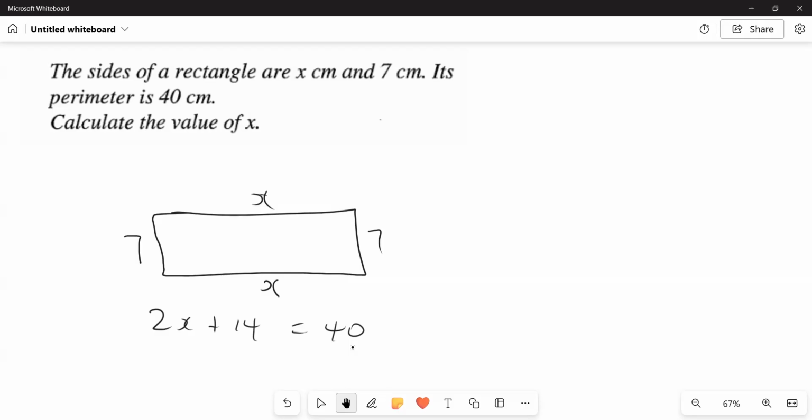After you have done this, you can solve. You solve for x.